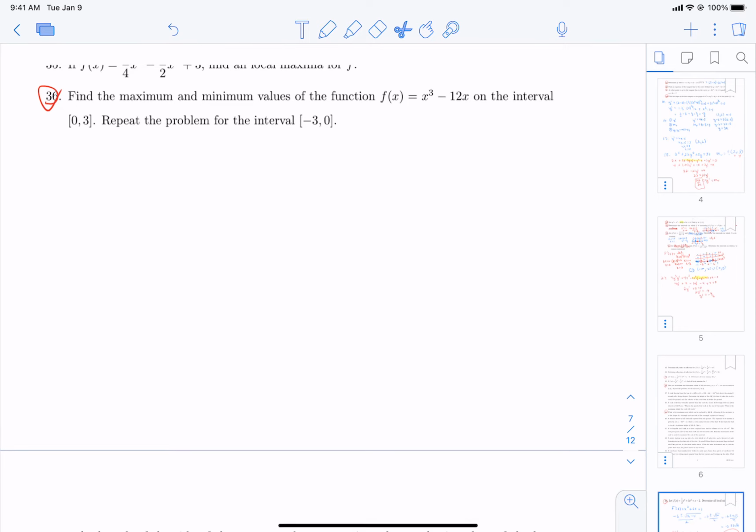And this is why. Let's talk about the procedure for when it's on an interval. You're going to take the first derivative. You're going to find the critical numbers of the first derivative. So you're going to set that first derivative equal to 0. You're going to solve.